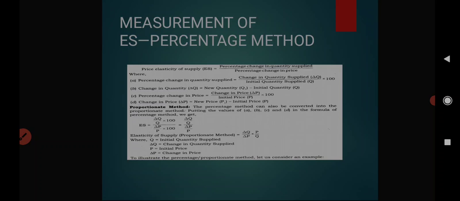In the same way, the elasticity of supply is equal to percentage change in quantity supplied upon percentage change in price, that is delta Q upon delta P into P upon Q. And since there is a positive relationship, we are not using the negative sign.